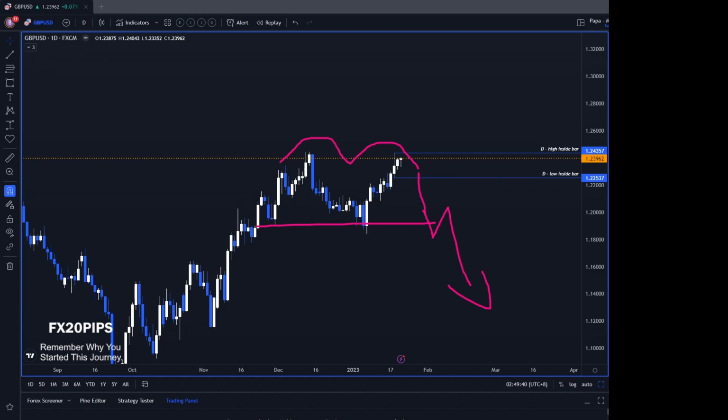Okay, but with the US economy slowing down and with the GDP figures coming out, all right, this double top might fail and price might go up from here. We shall see what this week brings us.